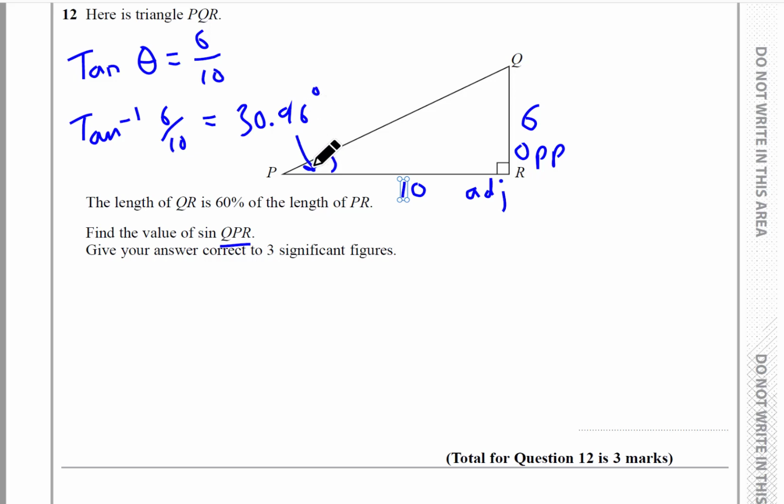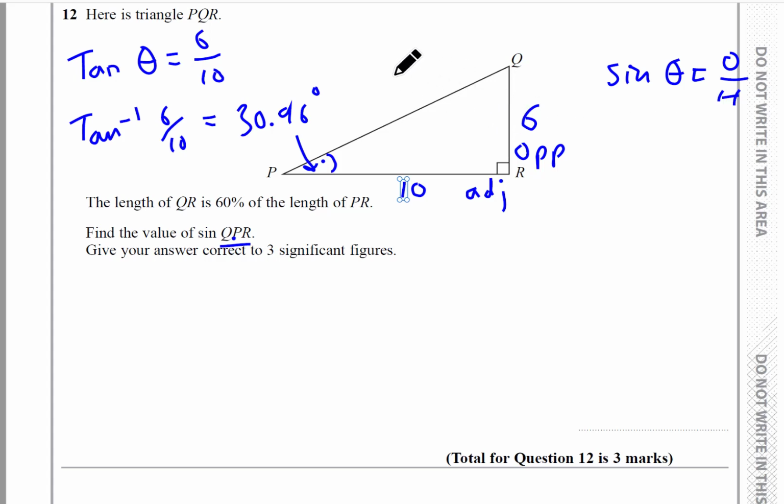So that's this. So we can use this information now because we're asking for sine QPR, and that P is in the middle, so that is the right angle to use. Now remember, sine theta equals opposite over hypotenuse, so we need the hypotenuse.